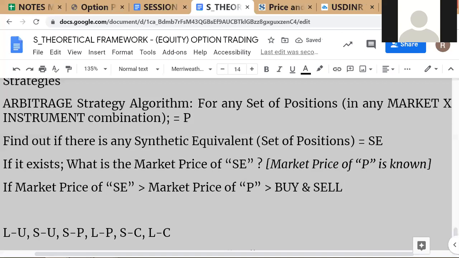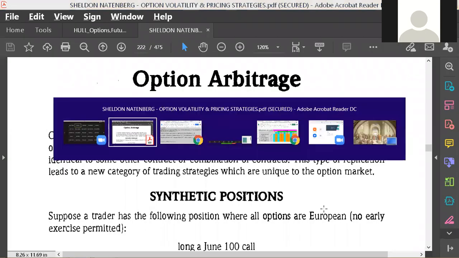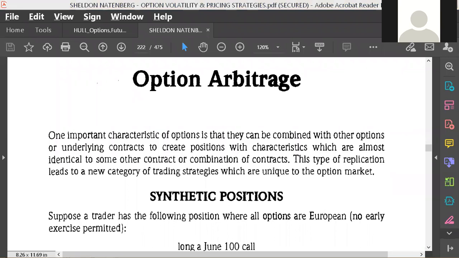Let's ask Nikita. What do you think? Buy which one and sell which one? Okay.